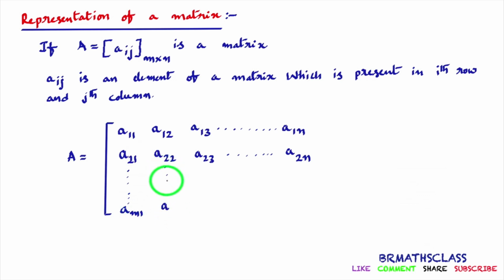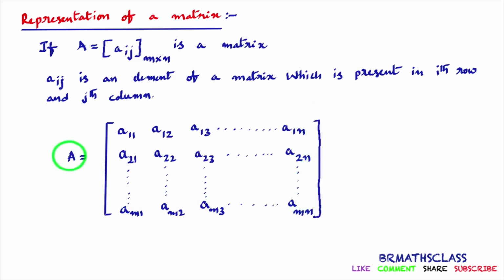If we extend this further, this is the mth row and second column, Am2. Further, this is the mth row, third column. So this is Am3. Further, if we extend this, this is the last element, which is present in the mth row and nth column.